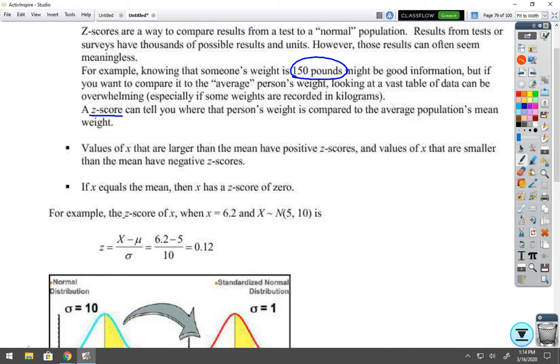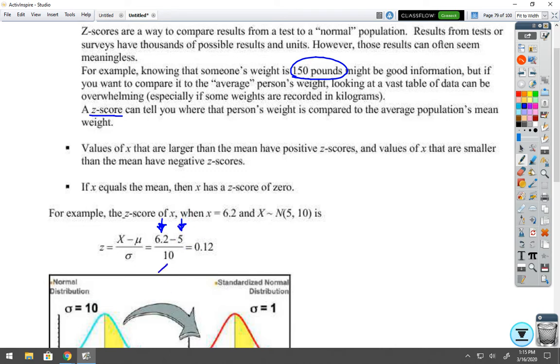It says values of X that are larger than the mean have positive Z's, and values of X that are smaller than the mean have negative Z's. So in our formula, for example, let's say that we have a data point value of 6.2. This is a normal value of 6.2. We have a mu value of 5.